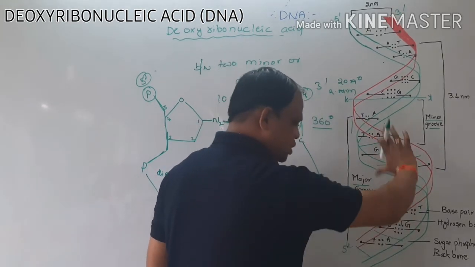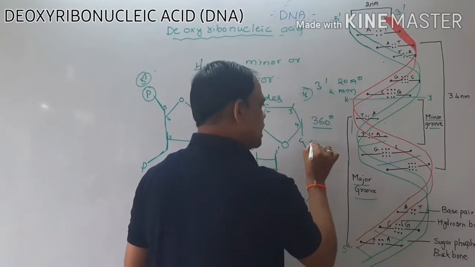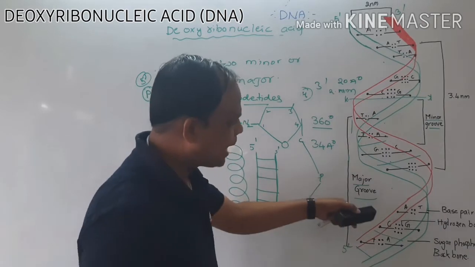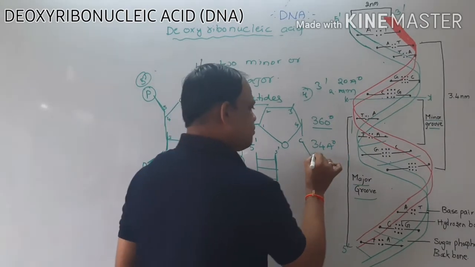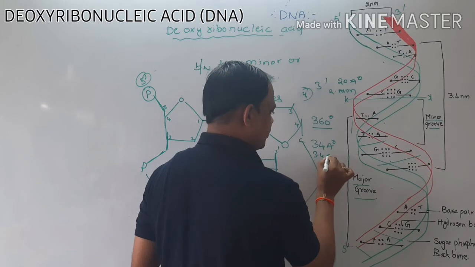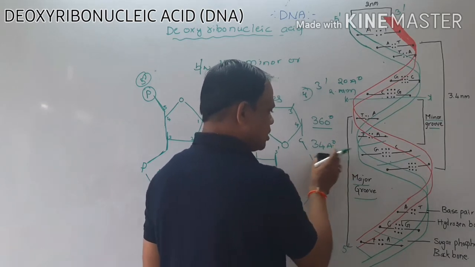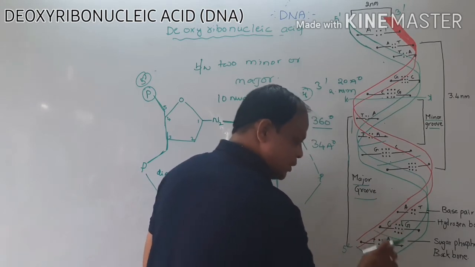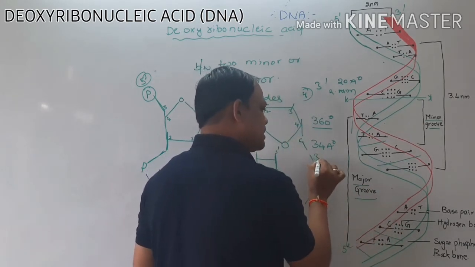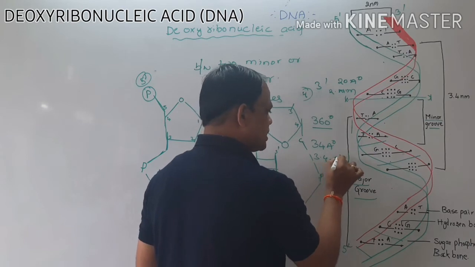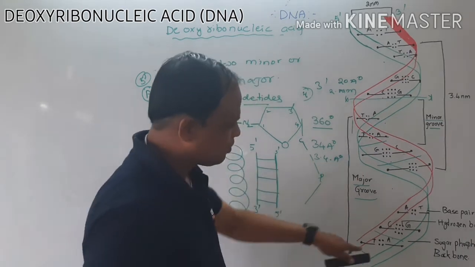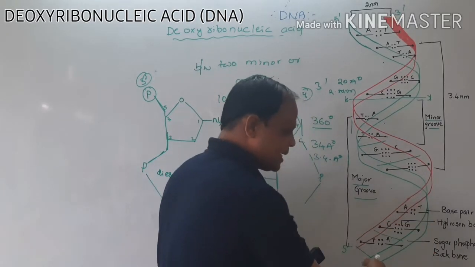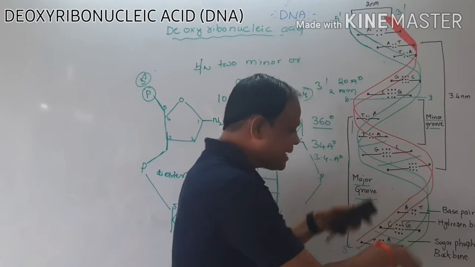The pitch of this one helix is 34 angstroms, or 3.4 nanometers. And between two successive nucleotides, the space is 3.4 angstroms.